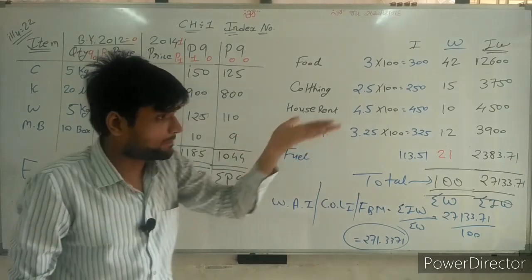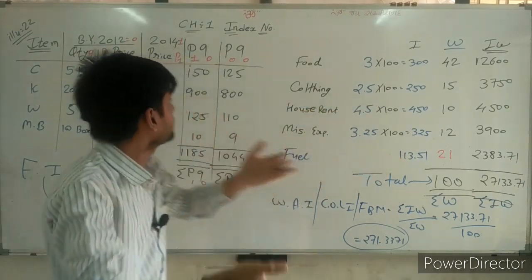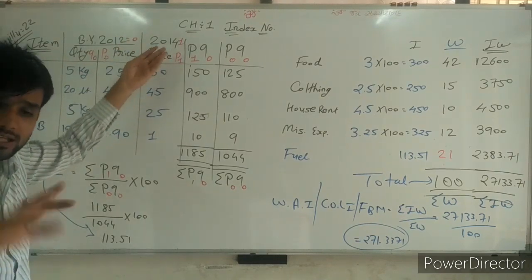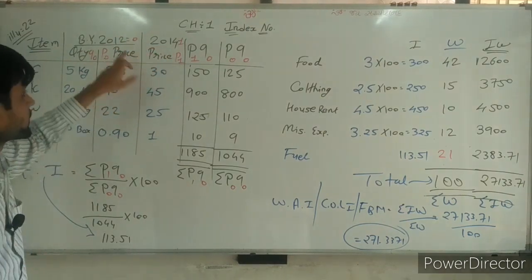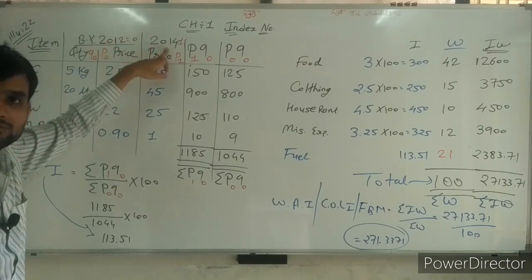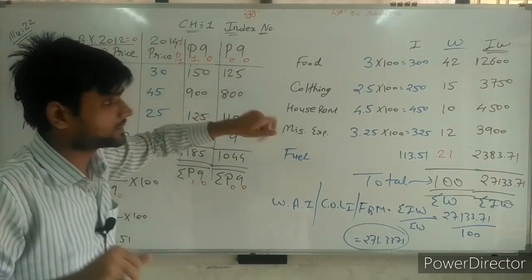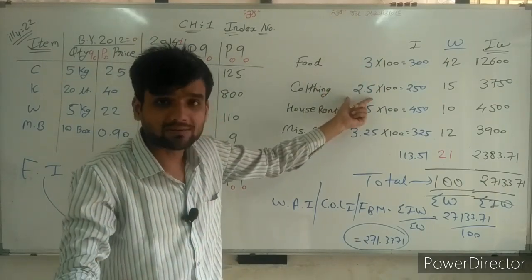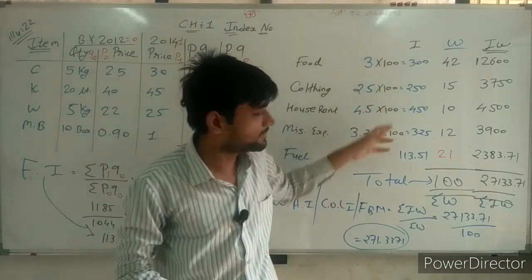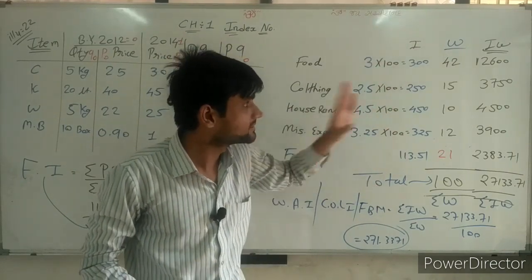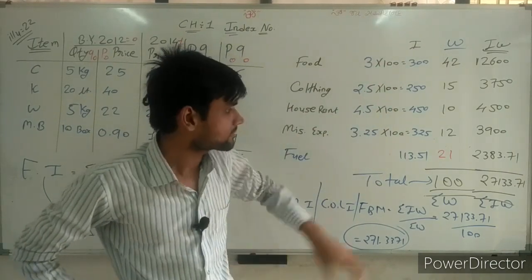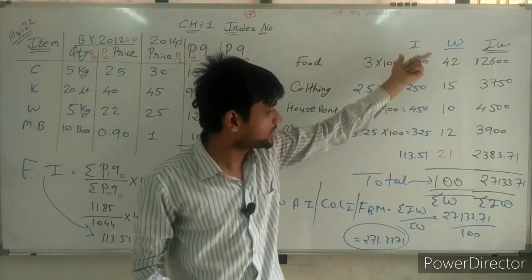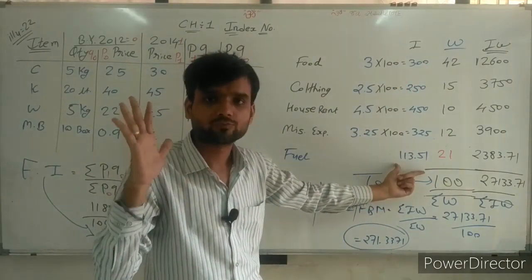Compared to 2012, in 2014, sorry, so 14 here, and there is also 14. So compared to 12, what is in 14? That is very important. So 3 times, 2.5 times means multiplication, so I have multiplied with it. So I is given. The fuel item I we have found here. So I have all the index numbers I.